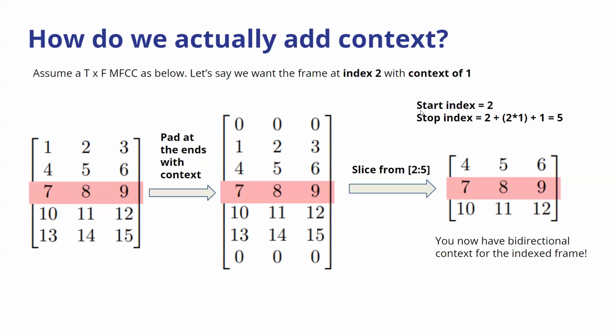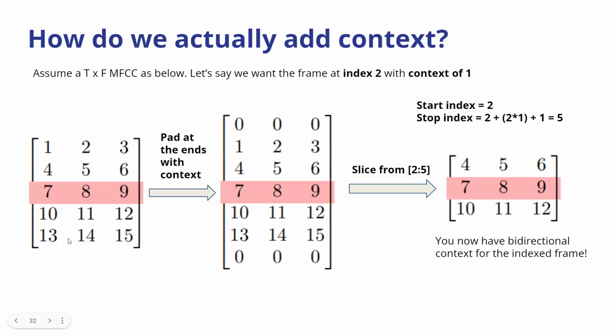You start from the start index, which is 2: 0, 1, 2. The first one that we take is 4, 5, 6. We add it here. Then we take the next one. Since it's Python style notation, 2 is inclusive and 5 is not inclusive. So we take 4, we take this row, and this row. And this is how we get bidirectional context of 1 for our target frame.